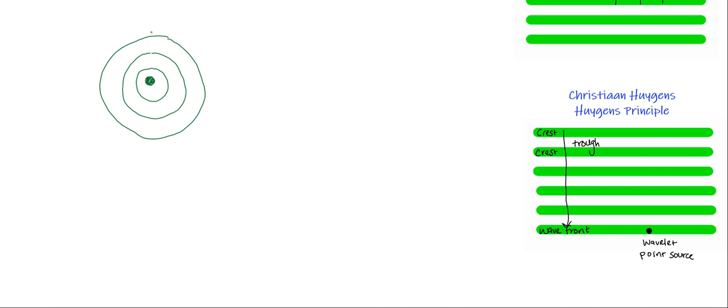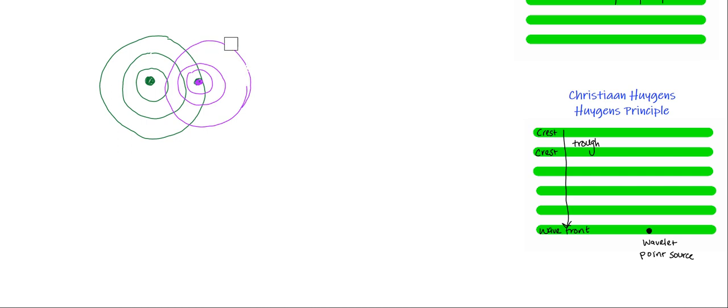So each of these lines, similar to these green lines, is a crest, and each of the spaces in between are troughs. And so what he says is that when many of these point sources, so we'll draw a second one here in a different color. Sorry, mine aren't very pretty, but it will get the point across. The second point source on the line, let's get that one a little bit more round.